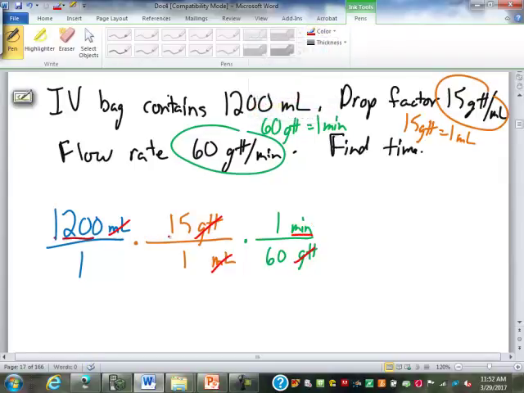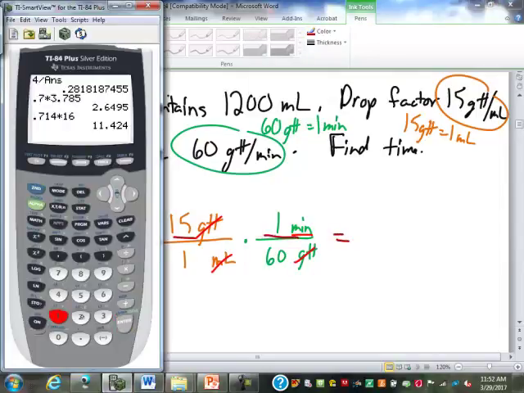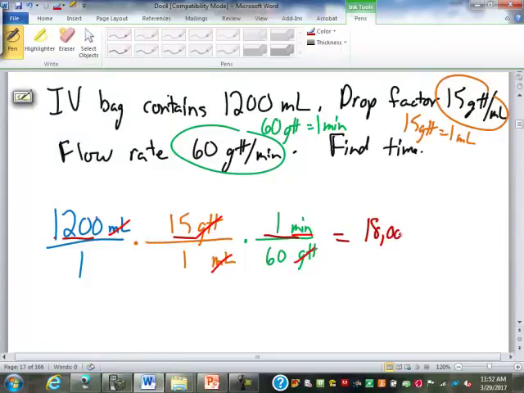We have 1,200 times 15 times 1 minute, which should give us 18,000 minutes. 1 times 1 times 60 is just 60. So that's going to give us 300 minutes.